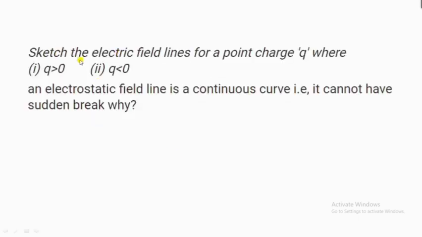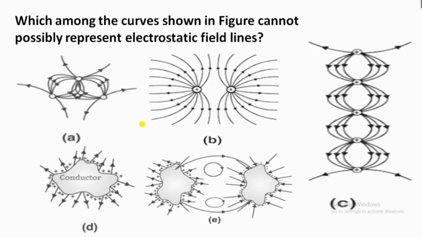And out here you have to draw the sketch for electric field lines. Q greater than 0 means positive and Q less than 0 means negative. And in this question you have to write why the electric field lines are continuous, why they should not have any break. So I think we have already explained this. And in this question you have to tell whether these electric field lines are possible or not, and you have to give the reason.